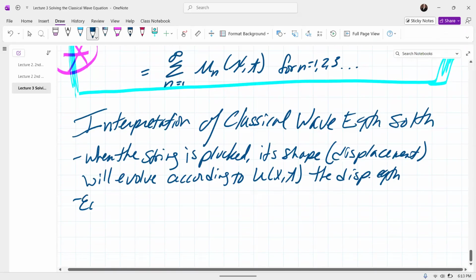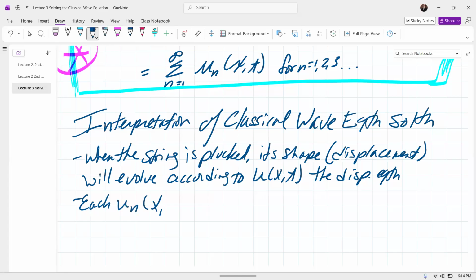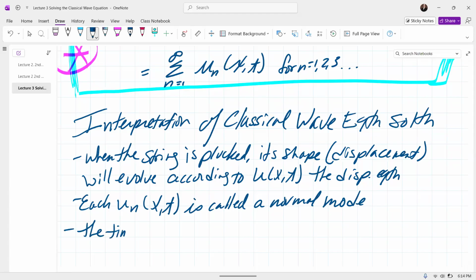Each u sub n of x and t is called a normal mode. The time dependence of each normal mode represents harmonic motion with frequency.